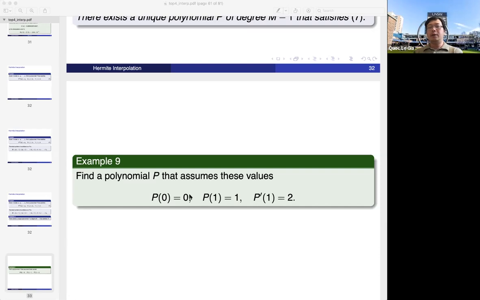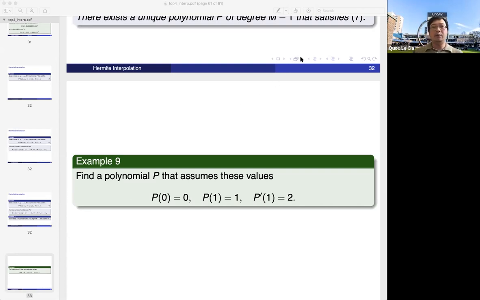We have three conditions. Yes, so it's 2, right? Because you have three conditions, so you have three unknowns. If you have a line, a linear, then you have two unknowns, but you should have three unknowns. So it's a polynomial of degree 2, a quadratic.